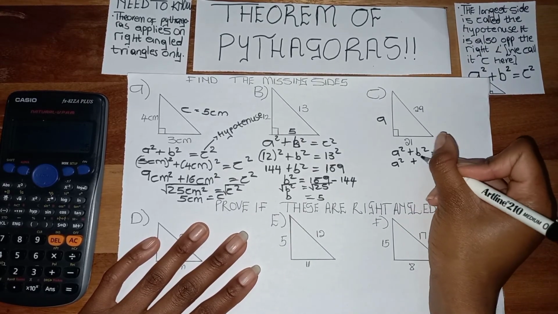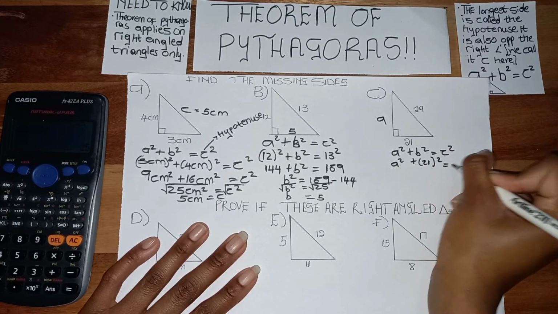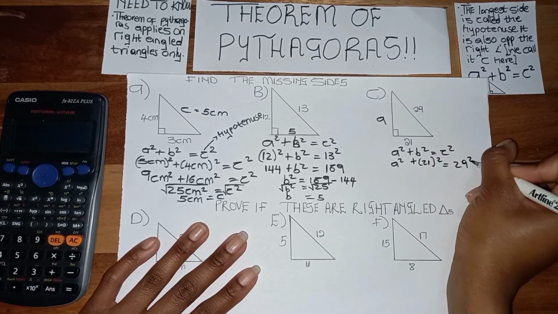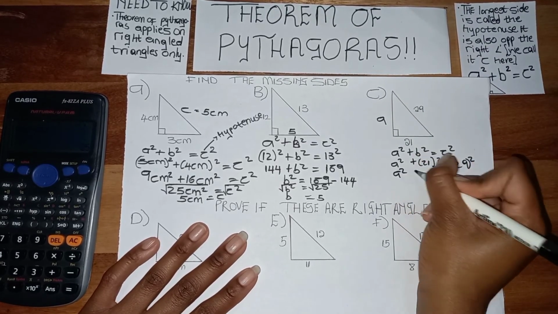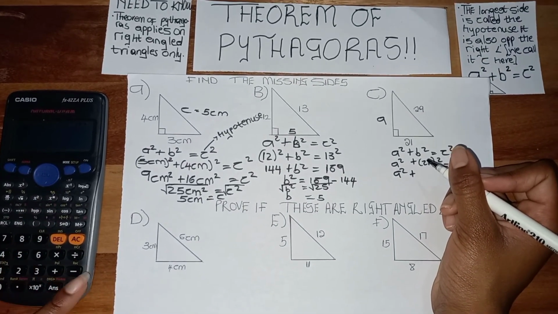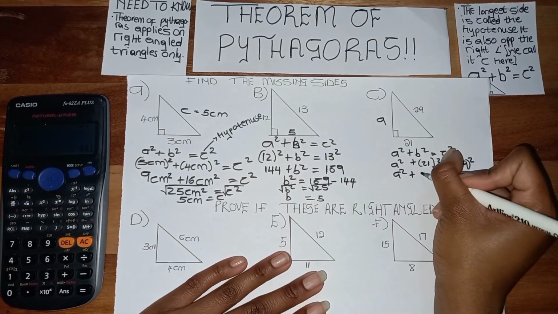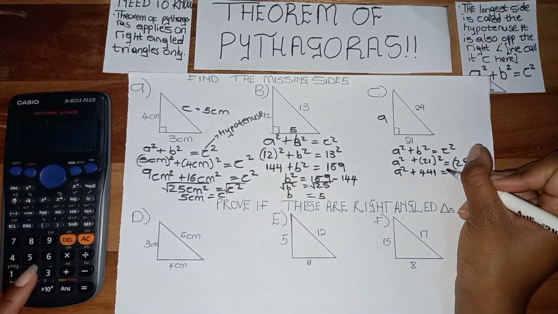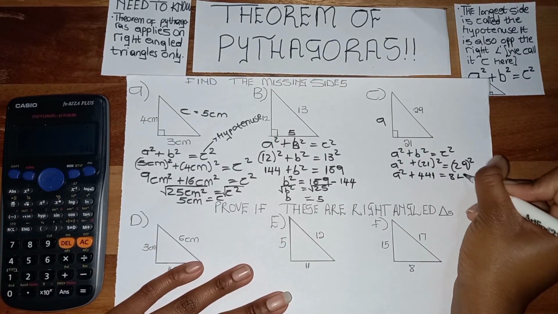A squared equals, our b is known. 21 squared equals, our hypotenuse is known. 29 squared, right? Now you're going to keep your a squared plus 21 squared. 21 squared is 441 equals 29 squared is 841.